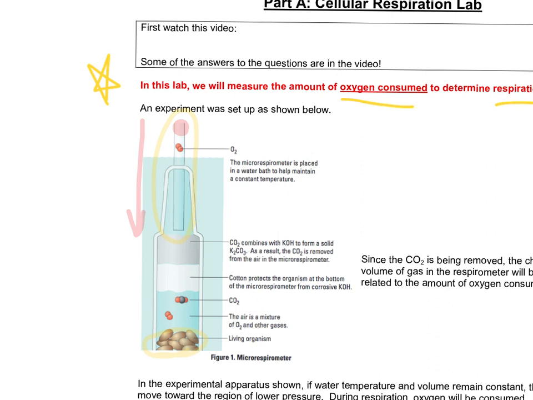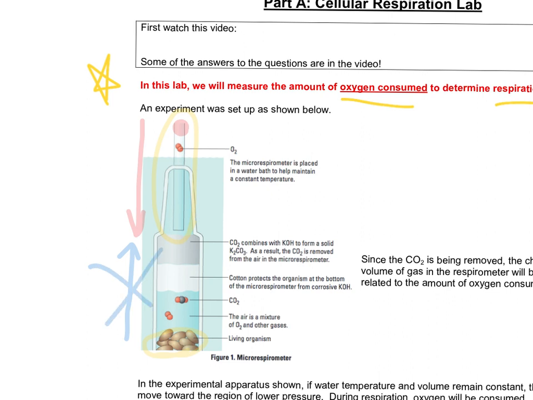However, also during respiration, carbon dioxide gas is produced. So since those peas are producing carbon dioxide, we would expect that red droplet then to be pushed back out. Well, if we want to measure the amount of O2 coming in, we can negate or cancel out the movement caused by carbon dioxide.